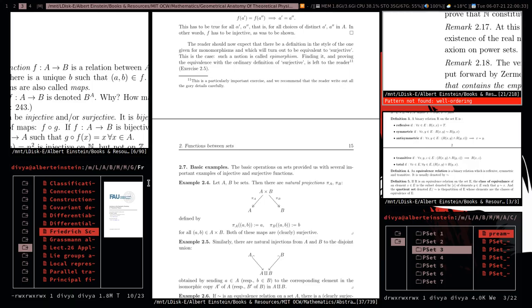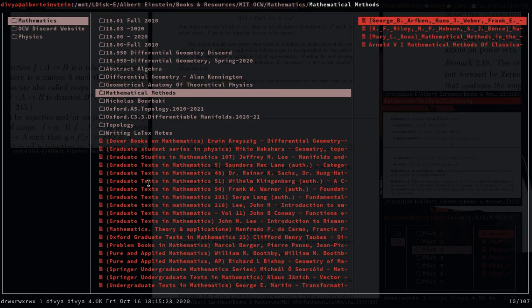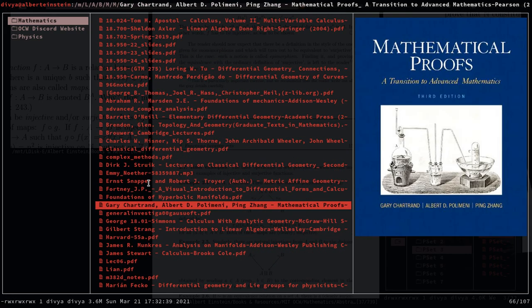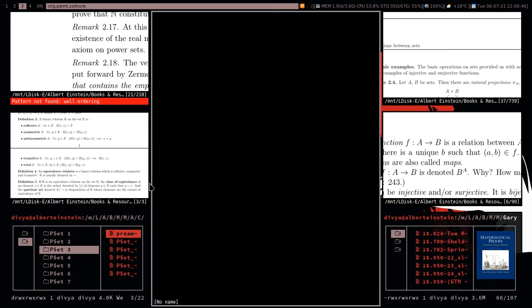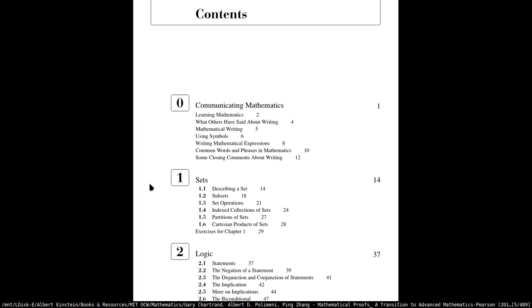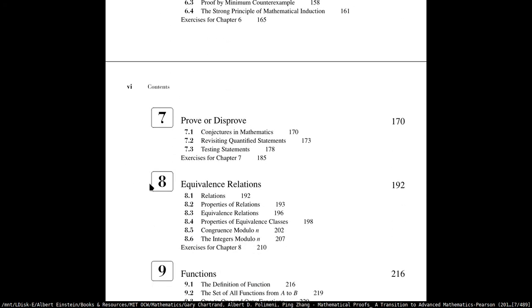Okay, so practice some set theory. I think I have this book, Transition to Advanced Mathematics. This is a book on proof writing actually. It is pretty good. It has proofs of different kinds.